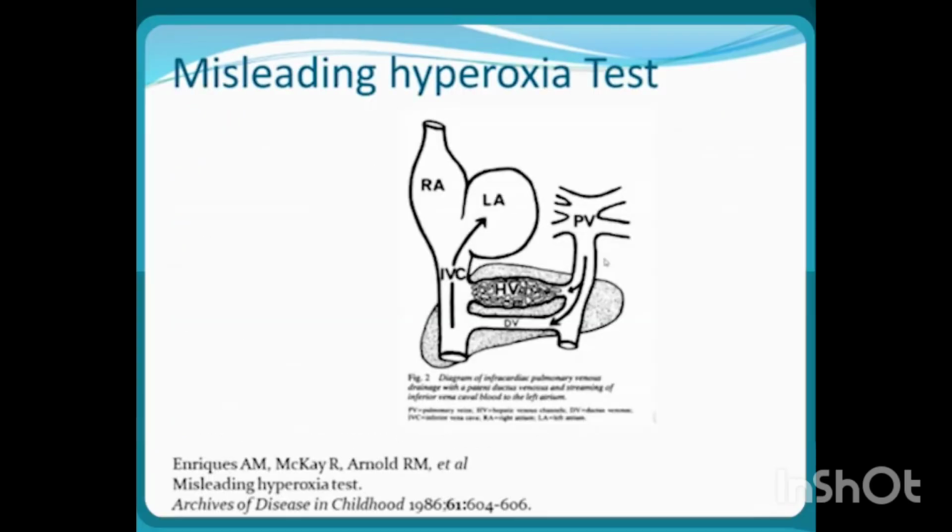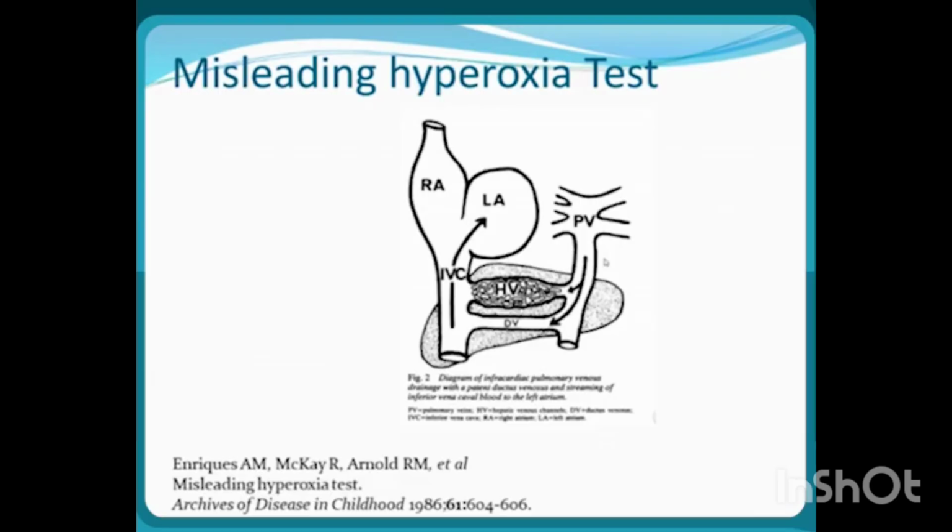So this is one misleading hyperoxia test, a case report in which the patient had infracardiac TAPVC with open ductus venosus. In this particular case, they checked the PO2 during the first few days of life, and it was more than 150, so they ruled out cyanotic CHD and treated the patient as a respiratory condition.